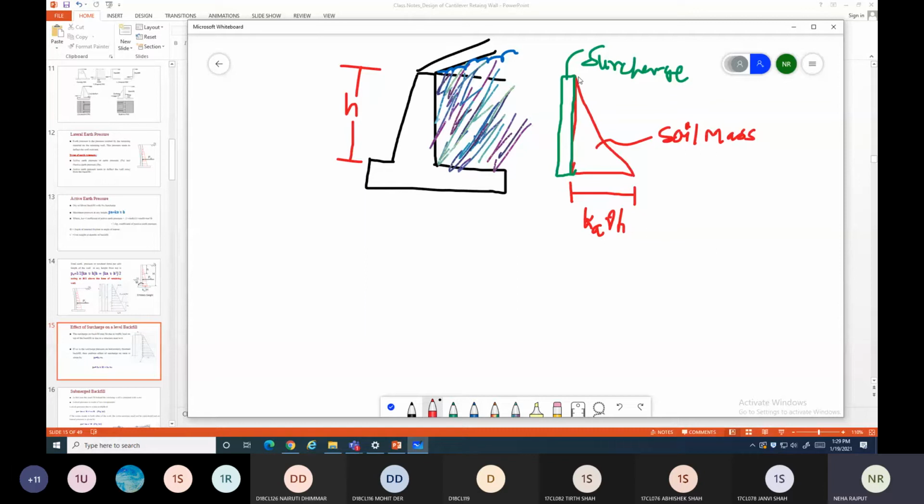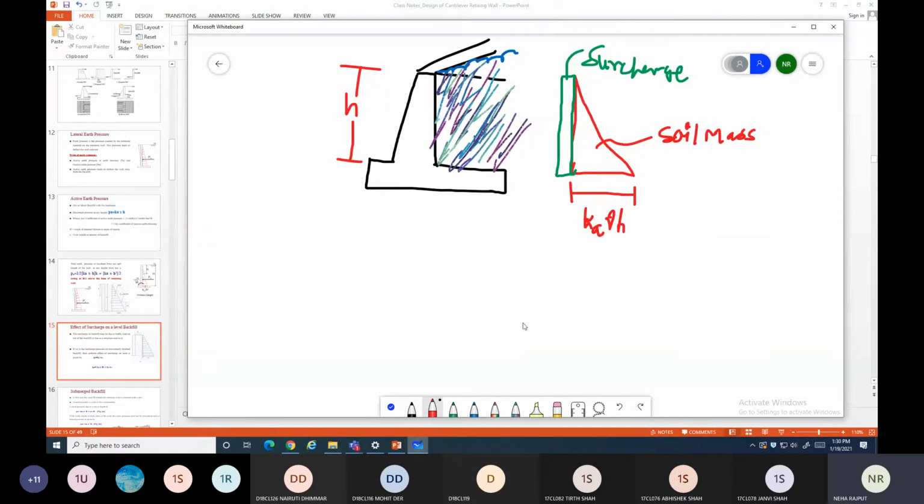So this is for the soil mass and the green color is for surcharge. Soil mass is linearly varying, but surcharge, because it is provided above the soil mass throughout the length, will give an equal pressure on the wall throughout the height.